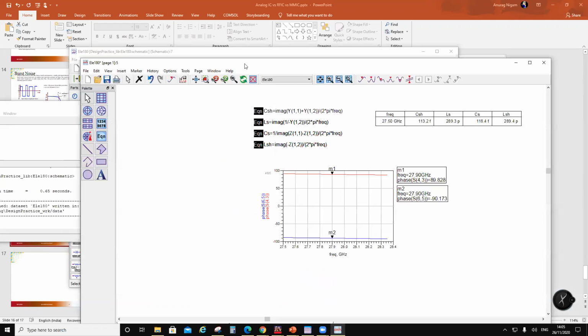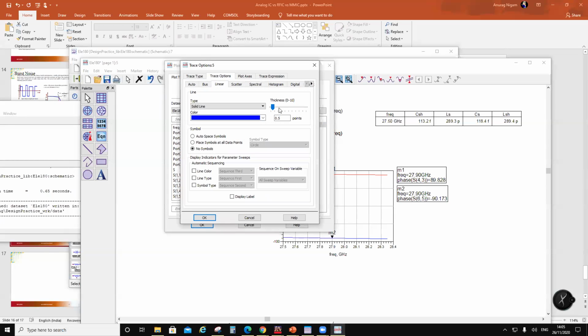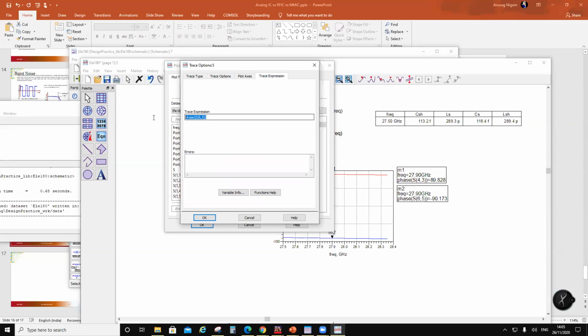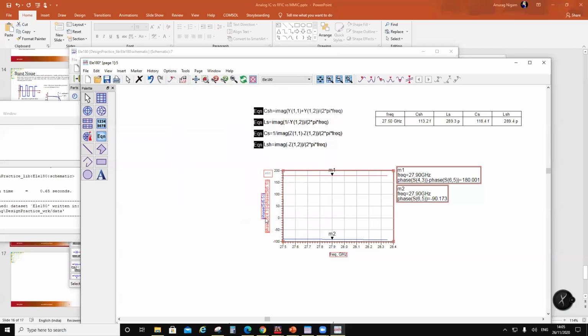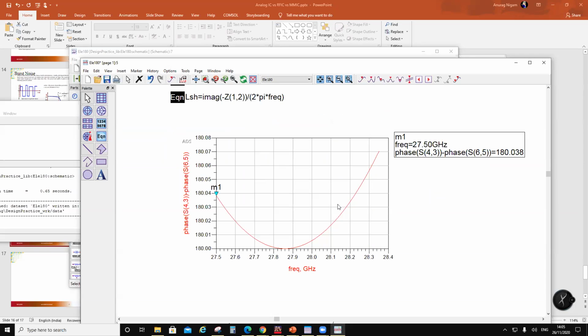Once I have done that, I will just do a subtraction. I will take this expression, Control C, go to this expression and say minus, Control V. Done. And this one I will throw off. So you have 180 degrees broadband.